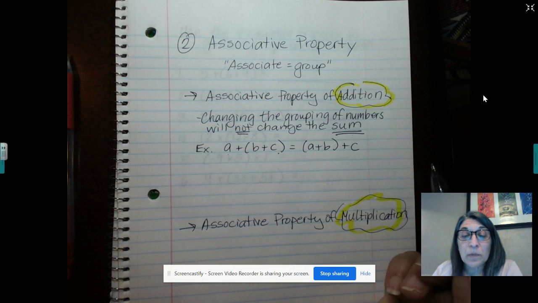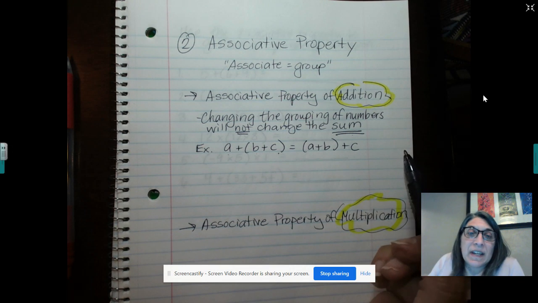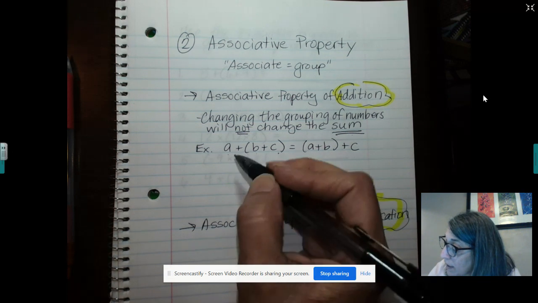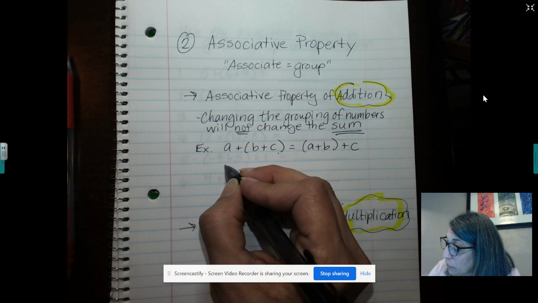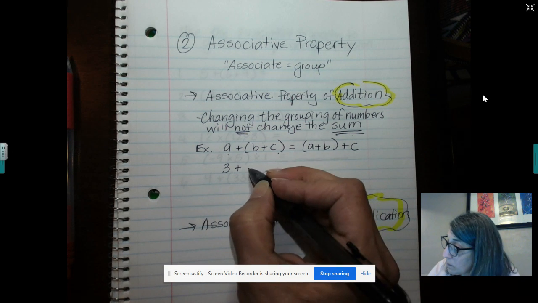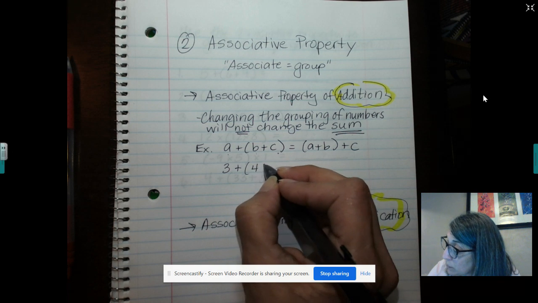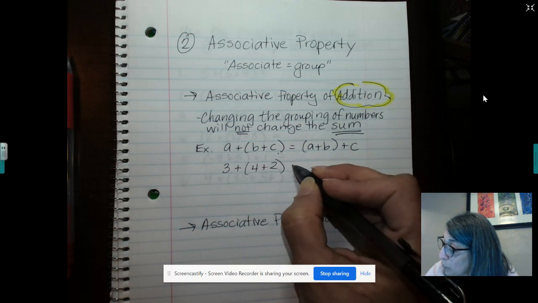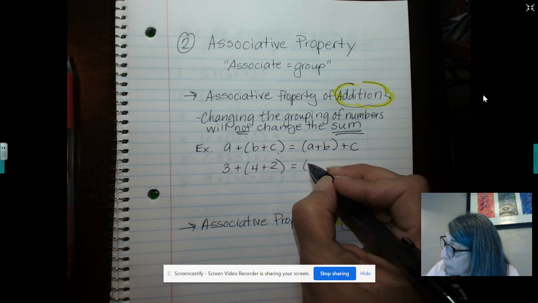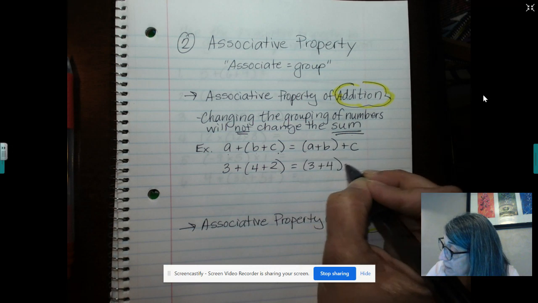So let's try this with actually putting some numbers in and see if it makes sense. Let's say A is a 3. What if I did 3 plus (4 plus 2)? Would that be equivalent to (3 plus 4) plus 2?